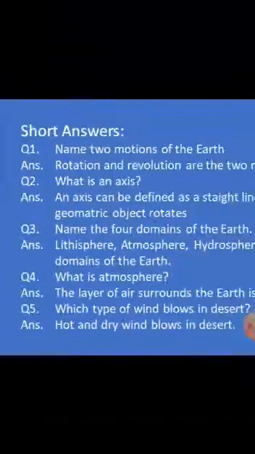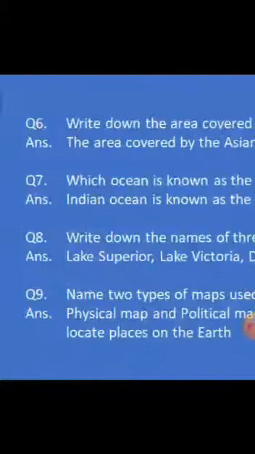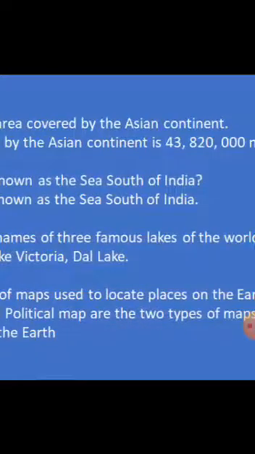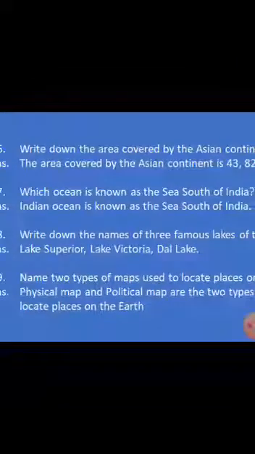Then next question, write down the area covered by the Asian continent. The area is given in your page number 31. What is the area covered by the Asian continent?